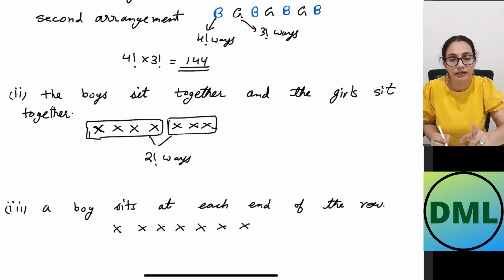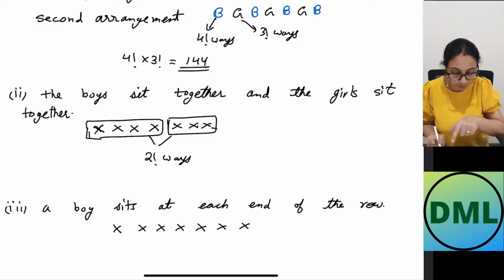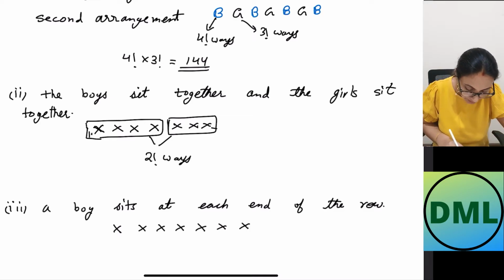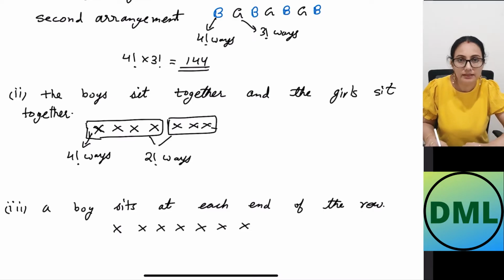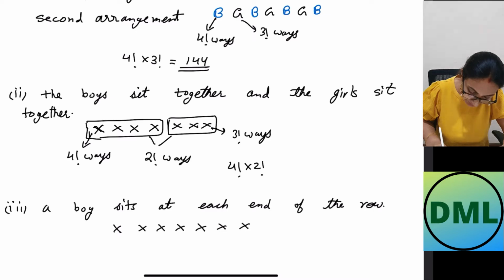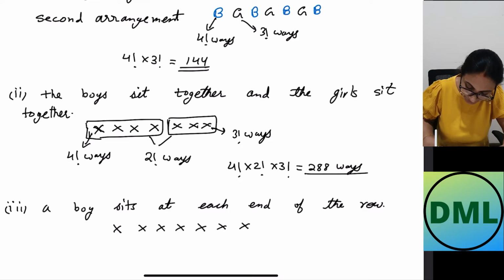But I need to arrange the boys as well as the girls. The 4 boys can be arranged in factorial 4 ways, and 3 girls can be arranged in factorial 3 ways. So the total number of arrangements is given by factorial 4 multiplied by factorial 2 multiplied by factorial 3, which is equal to 288 ways.